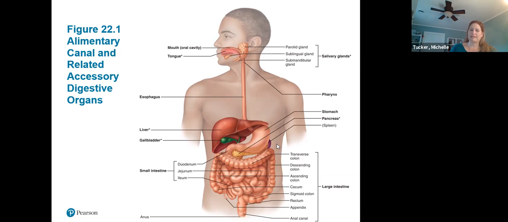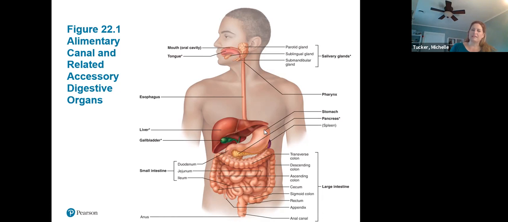The peritoneum is a double serous membrane system. All serous membrane systems have a visceral membrane and a parietal membrane. The parietal membrane is going to line the cavity, and the visceral membrane is going to line the organ.